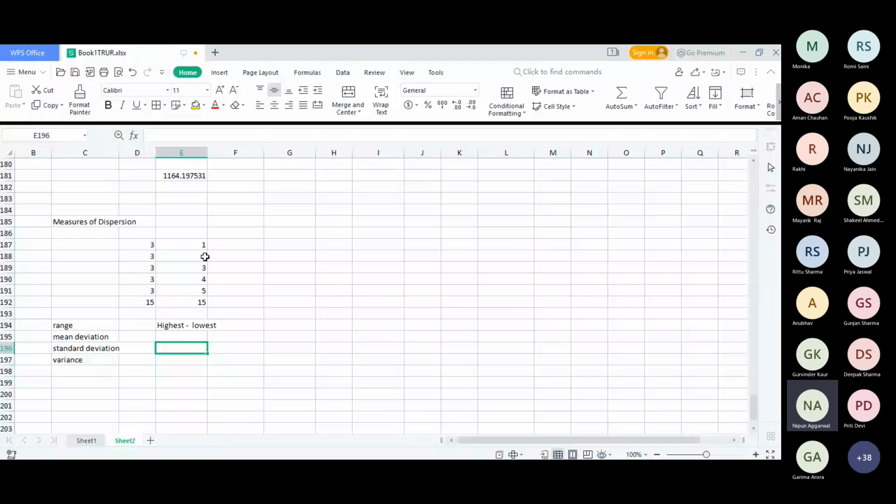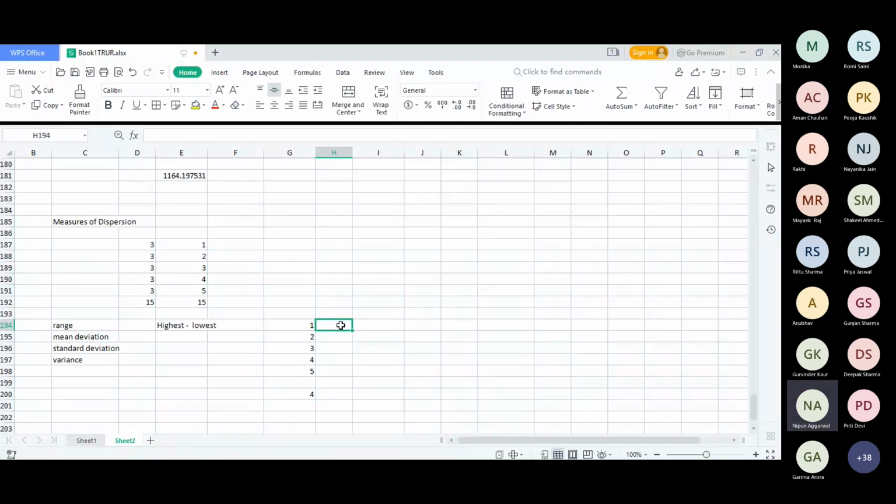For example, if we take 1, 2, 3, 4, 5 and want to calculate the range, the range is highest minus lowest, so 5 minus 1 is 4. So 4 is the range of this data.